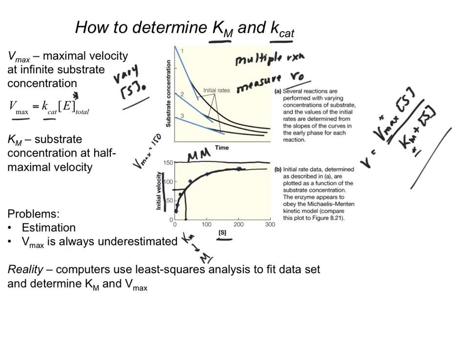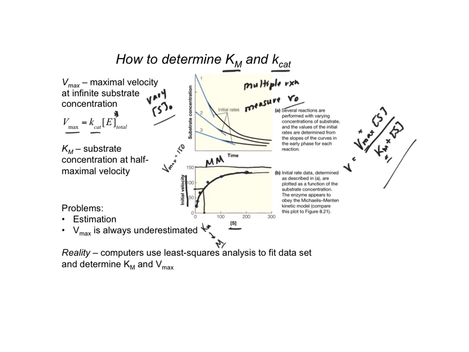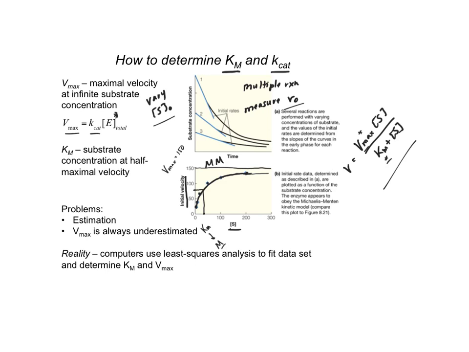We don't actually utilize what I'm going to show you next, which is the linear regression of the Michaelis-Menten equation. In reality, we use these fitting programs to determine these values. What if you're in an exam where you can't use any type of fitting program? Would there be another way, besides estimation, which is what we just did, to determine the Km and Kcat?